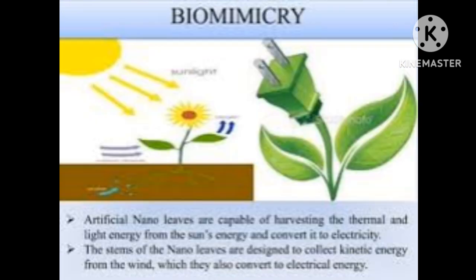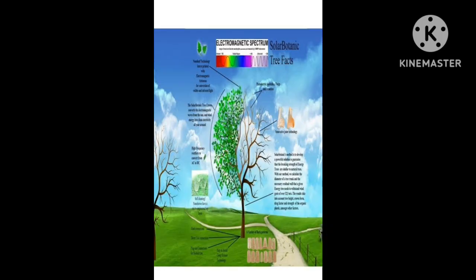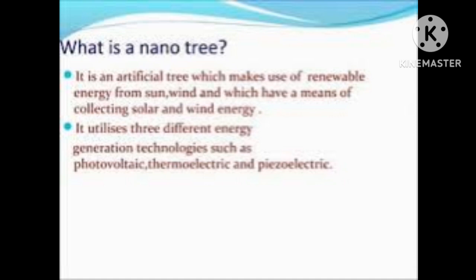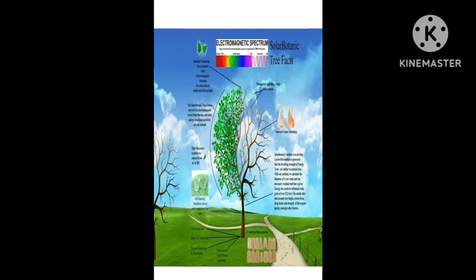Due to this unique combination of the photovoltaic cells and the thermovoltaic cells, the leaves can convert thermal radiation, that means invisible radiation, into electrical energy even when there is no sunlight. Even after sunset these leaves can produce electrical energy by converting the thermal radiations.